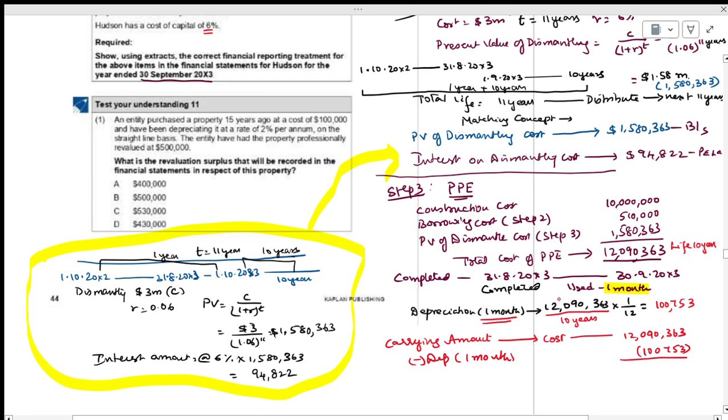How much you will get? 12,090,363 minus 100,753. It is 11 million. 11,989,610. Check again.